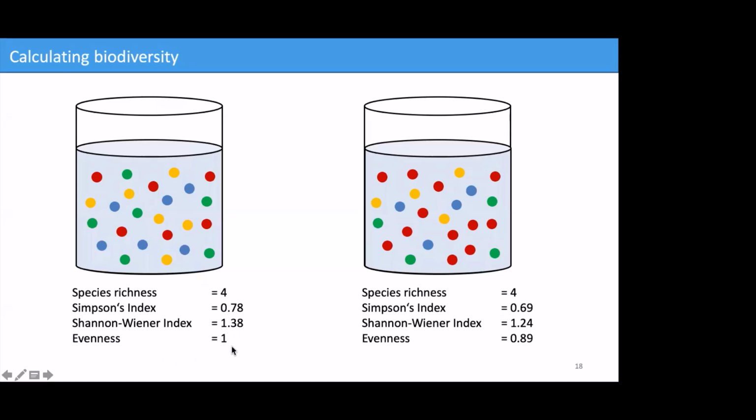The evenness here is 1 because each color has the same number. Let me count again: 1, 2, 3, 4, 5, 6 reds, 6 greens, 6 blues, and 6 yellows. So the relative abundances of all the species are the same, which is why the evenness is 1. Whereas here it is lower, because red predominates.